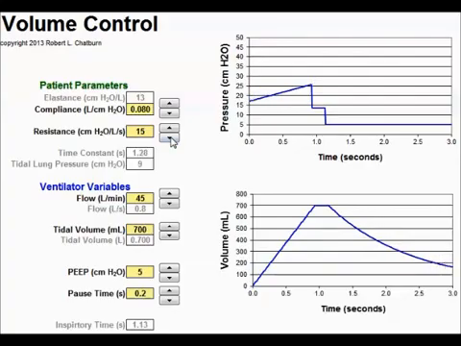Let's just change the resistance to a normal resistance with the endotracheal tube, around 10 centimeters of water. What you noticed is that my pressure dramatically dropped when my resistance went down, and now it's approximately 21, and my tidal volume stayed constant. So during volume control ventilation, when my resistance decreases, my peak inspiratory pressures decrease also. However, my tidal volume remains constant.